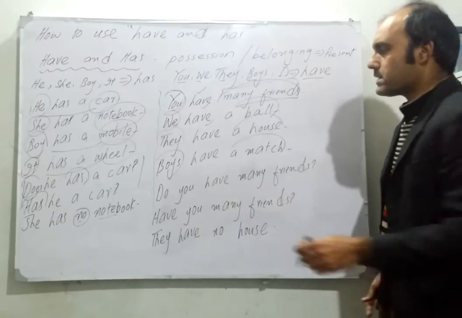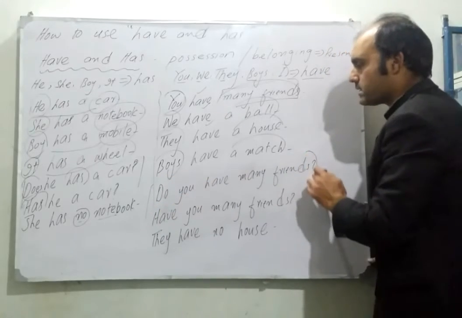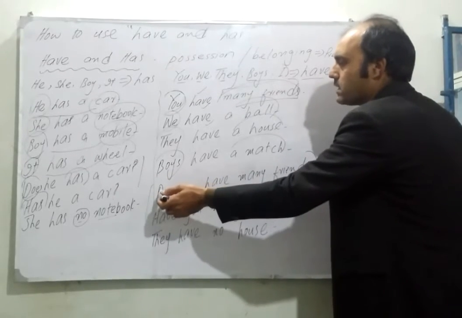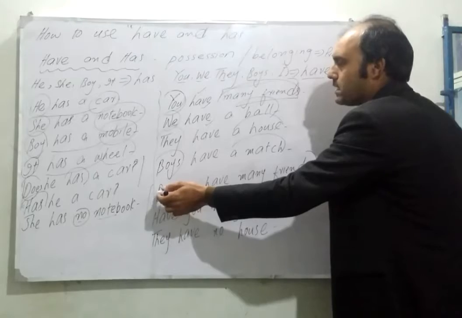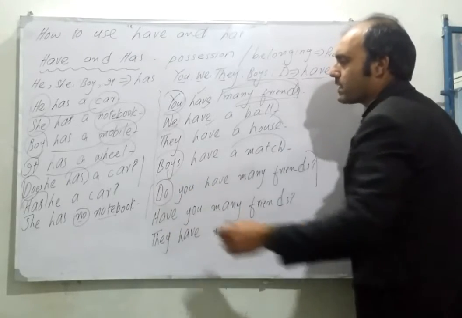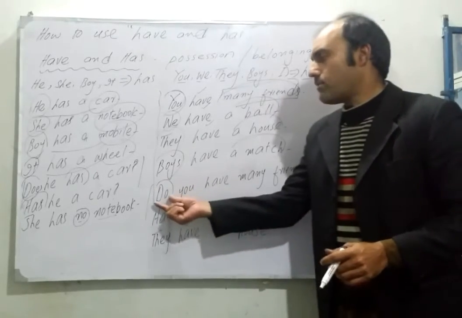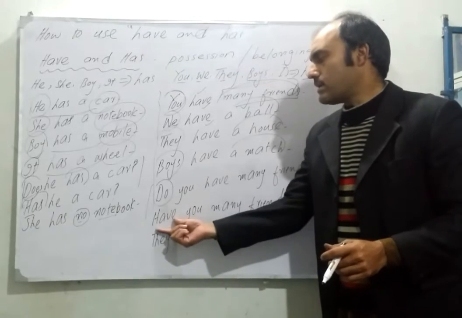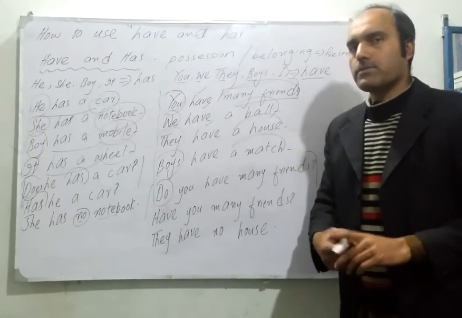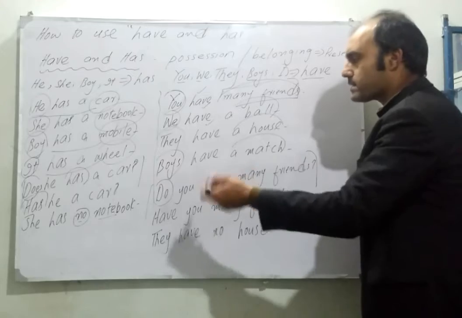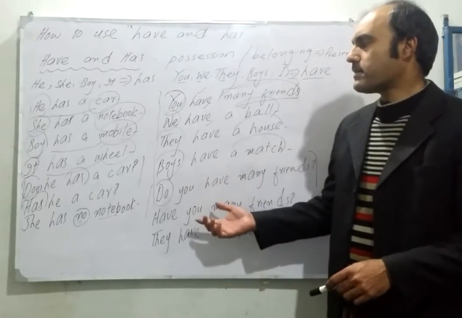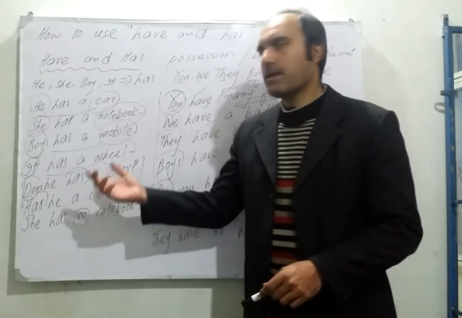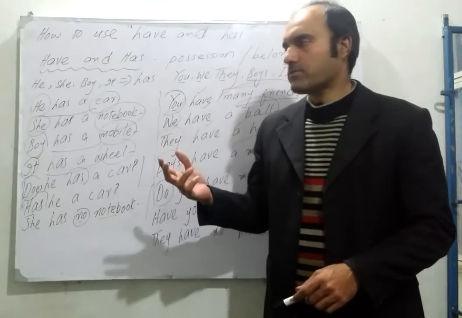Now come to these two examples. These are interrogative sentences, as you can see. This sentence started with do, and this one started with have. This is because these are interrogative sentences. As I told you earlier, we have two rules to make interrogative sentences.